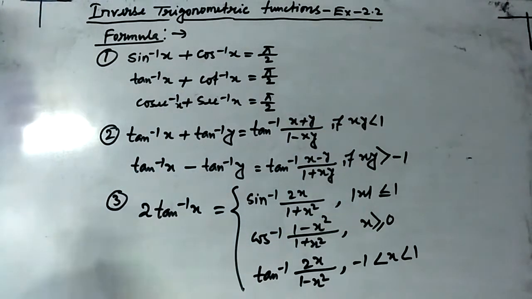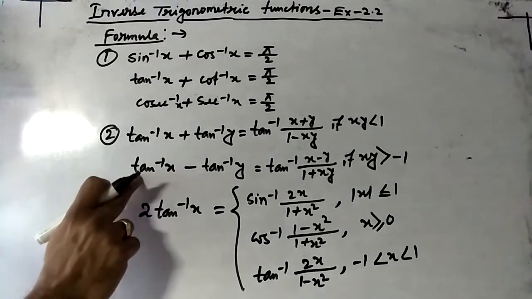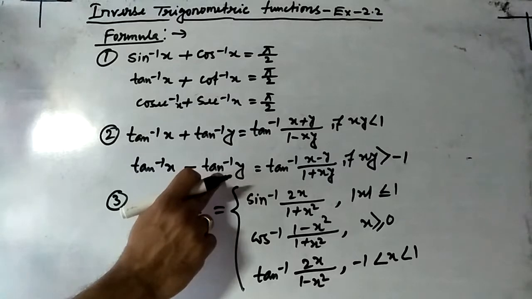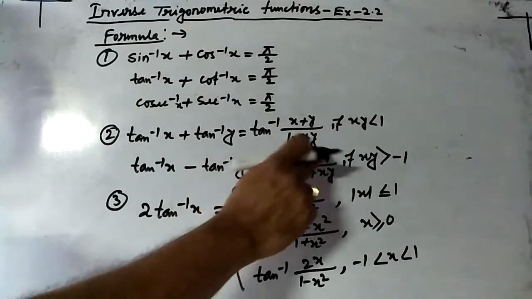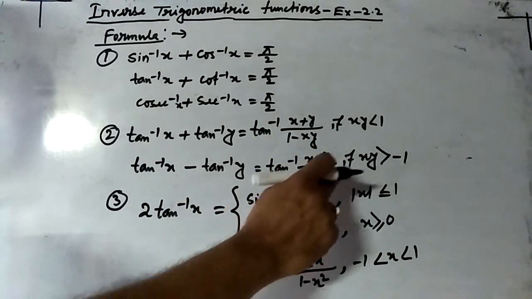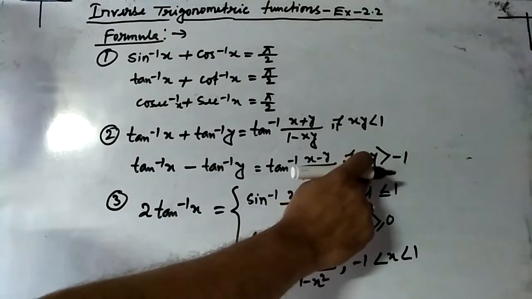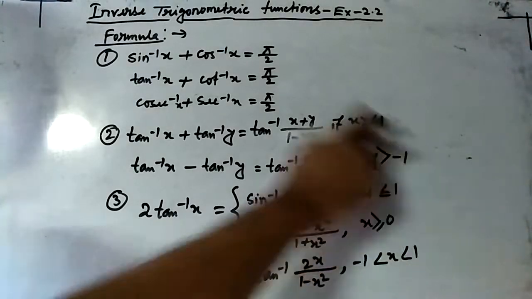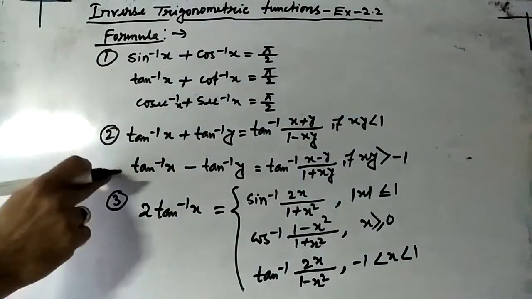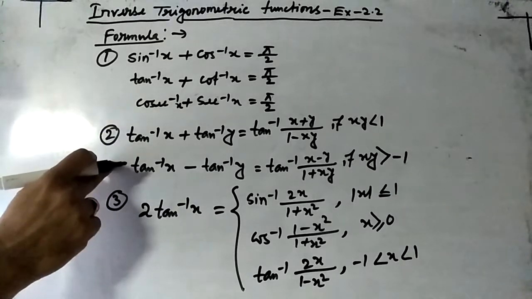If greater than 1, we get a different formula, so here I am not giving it. Some more formulas I'll give in the classroom. Tan inverse x minus tan inverse y equals tan inverse of (x minus y) upon (1 plus xy), if xy is greater than minus 1.